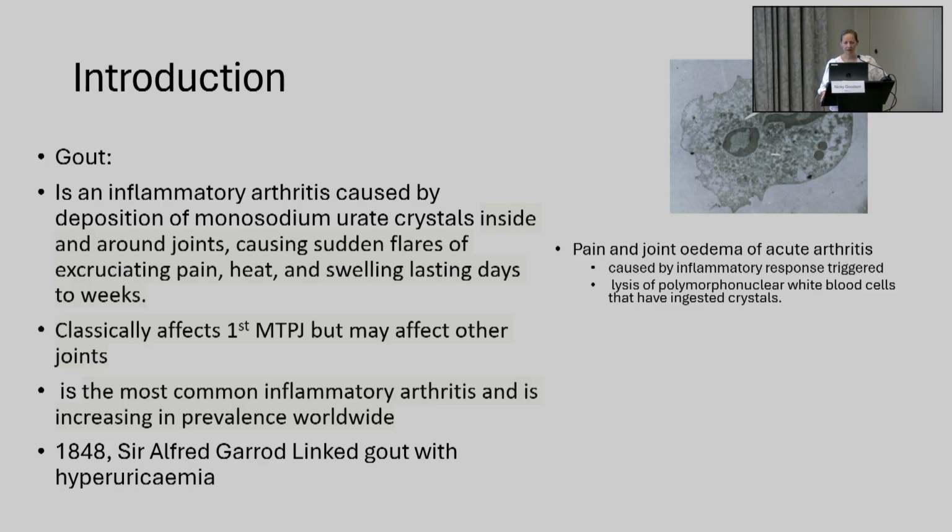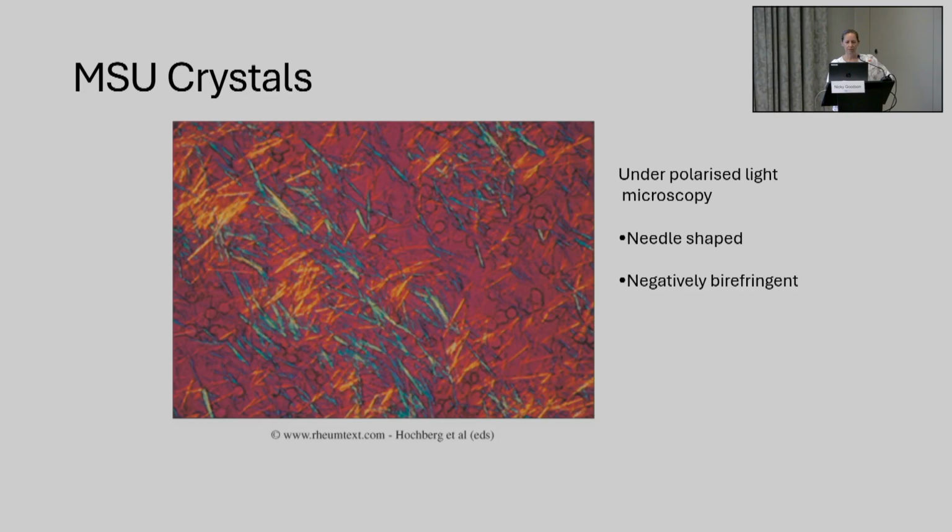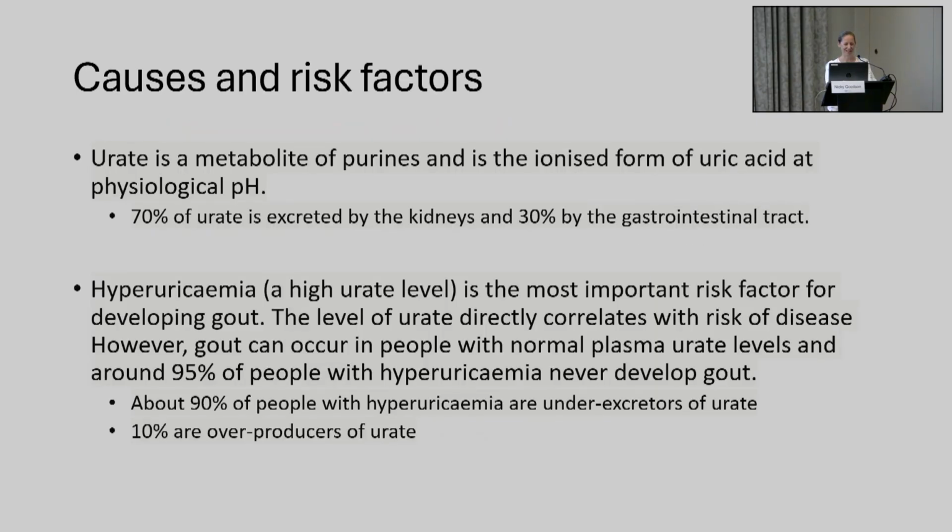And we've got a very inflammatory cell that's ingested a urate crystal here, and it's causing lots and lots of inflammation in response to that ingestion. So these are monosodium urate crystals. They're seen under polarized microscopy, and they're quite pretty, aren't they? I'm not going to go into too much detail about that.